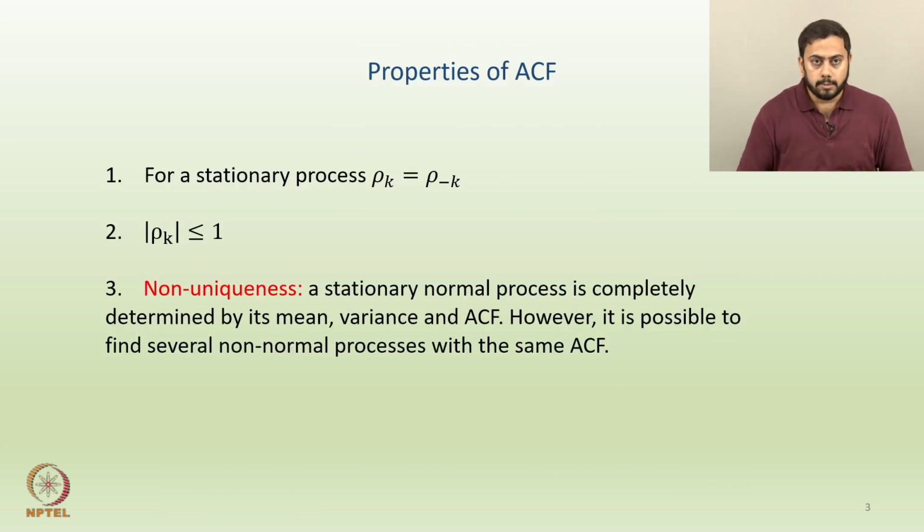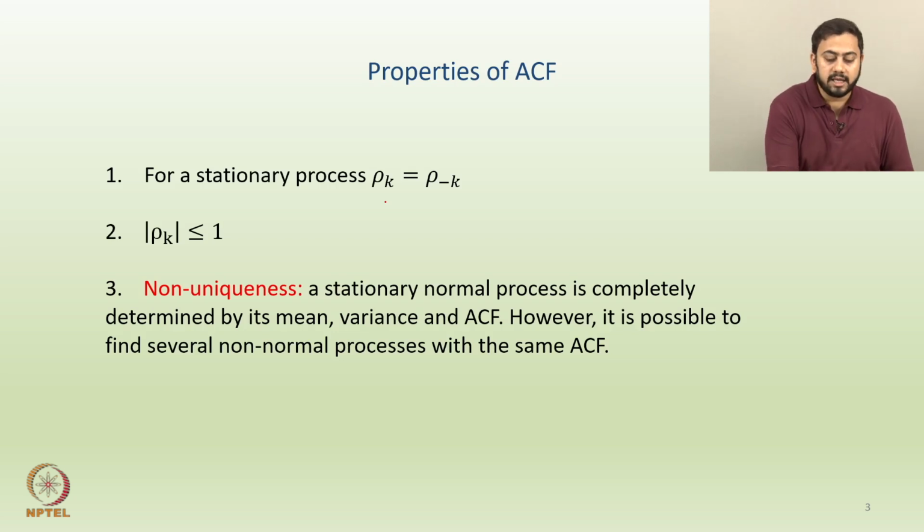Okay, so now we can talk about some very elementary properties of the autocorrelation function, and probably all these are standard properties. As mentioned earlier, if you have any stationary process, remember what we mean by a stationary process: you have a constant mean, a constant variance, and the autocorrelation or autocovariance function should only depend on the lag.